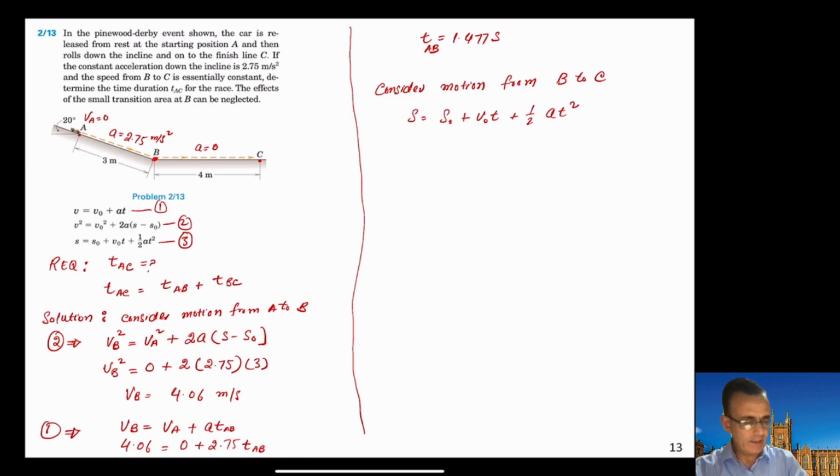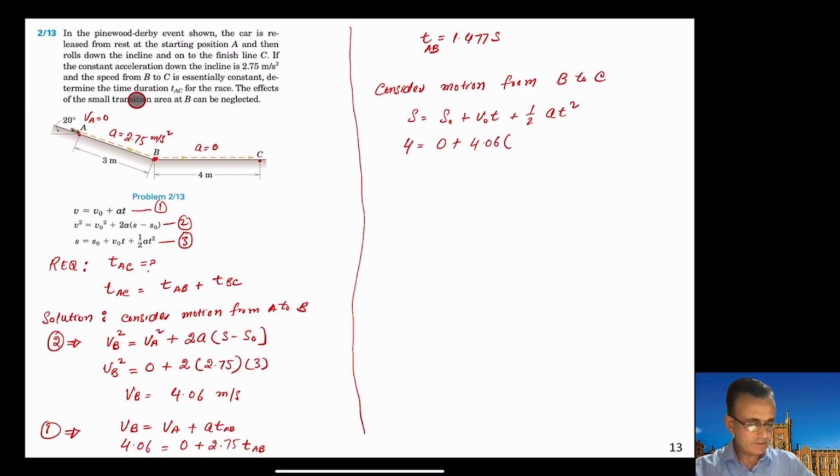So s here is 4. S naught, if you consider the motion from B to C, will be 0. V naught will be the initial velocity at B, which is 4.06.